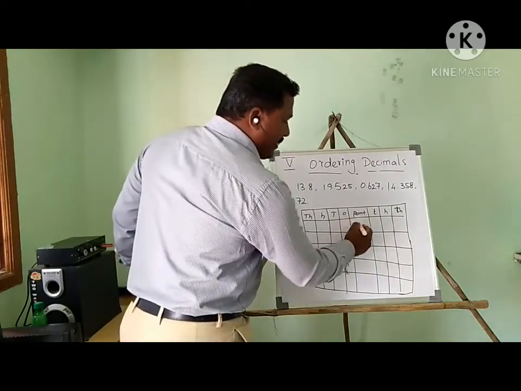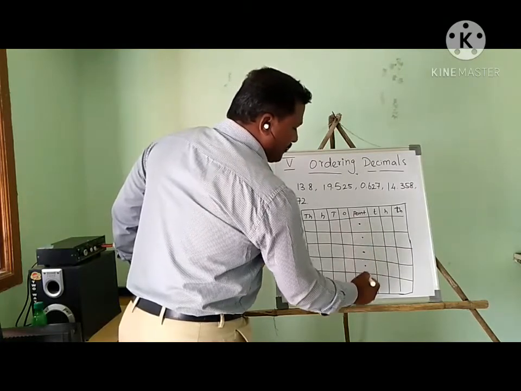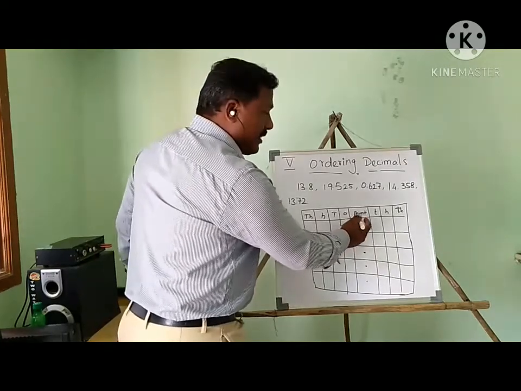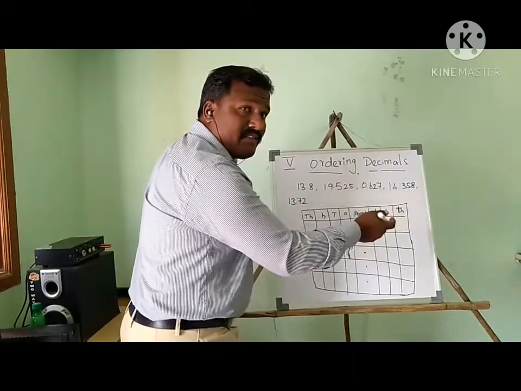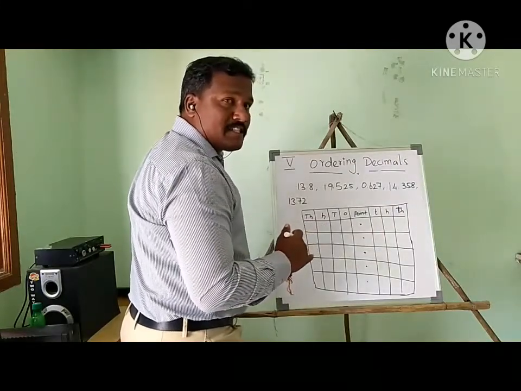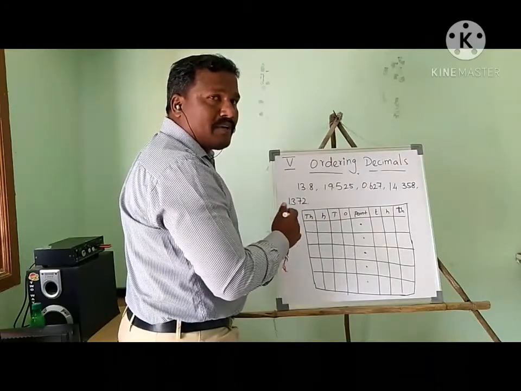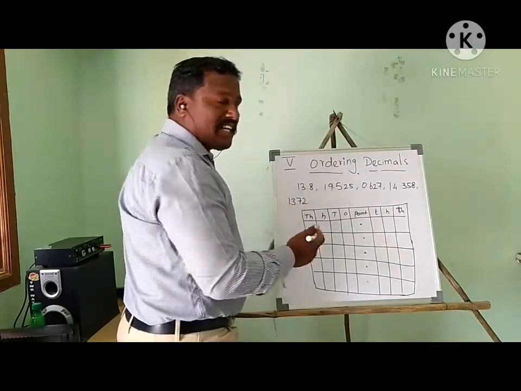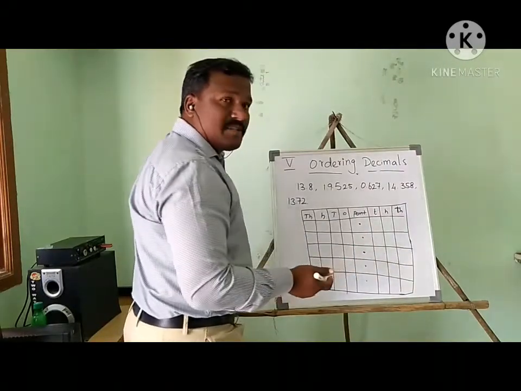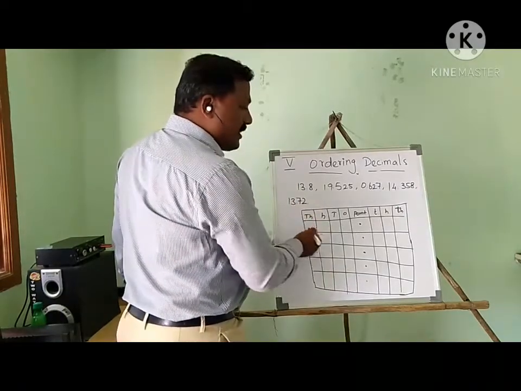This is the decimal point, dot everywhere. The decimal point has the fraction part on the right side. On the left side of the number we call it the whole part or integral part, and the right side we call the decimal part. Then this point is called the decimal point. Then I am going to write all these numbers in this table.